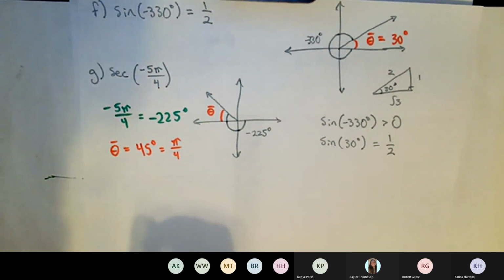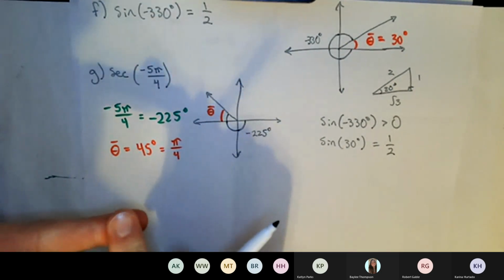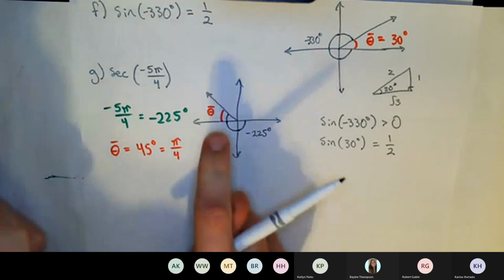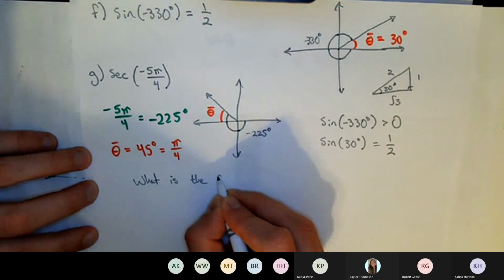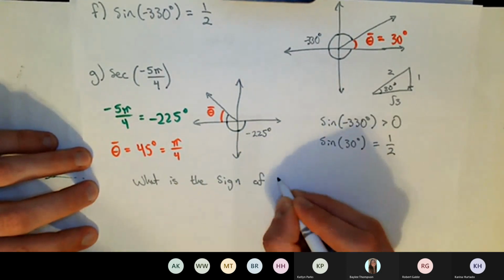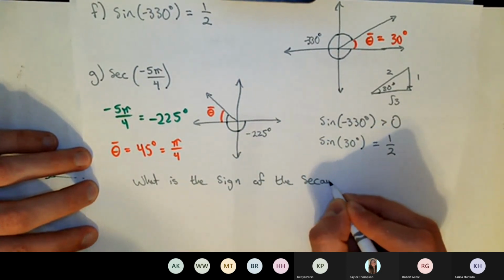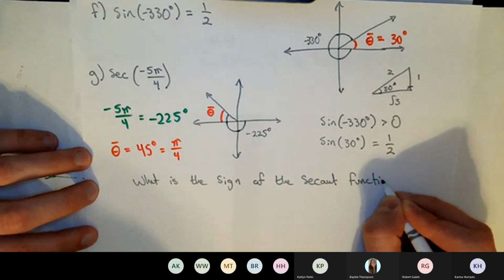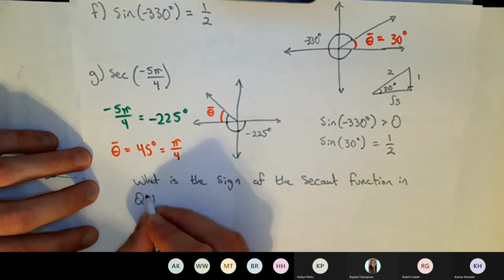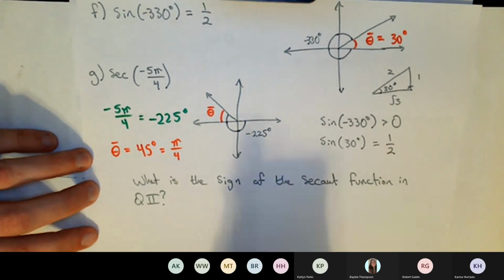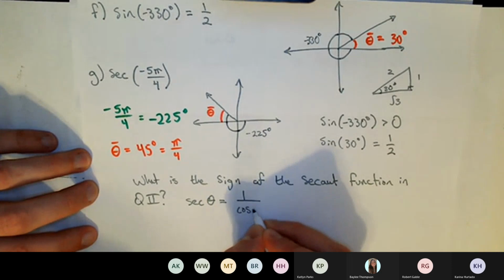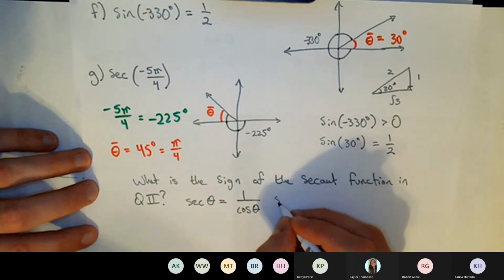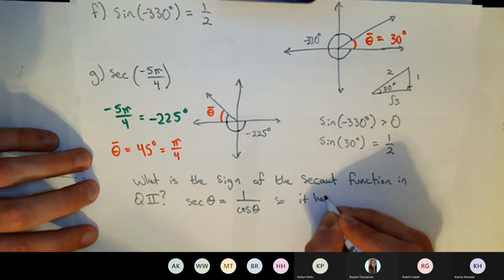All right, so now I need to start thinking about the trig function. First of all, what is its sign? What is the sign of the secant function in quadrant 2? To answer that, we note that secant of theta is just equal to 1 over cosine theta. So it has the same sign as cosine.